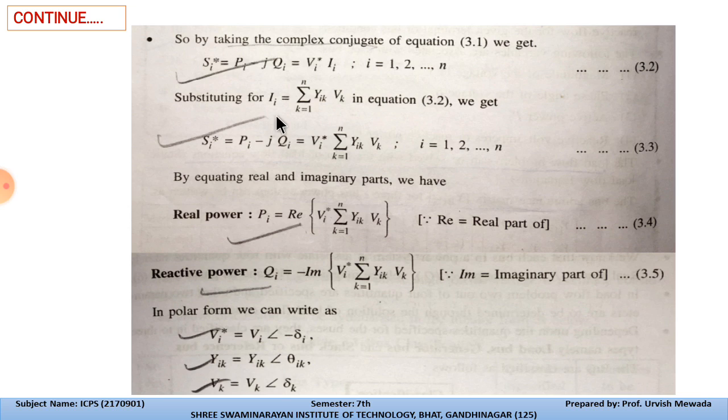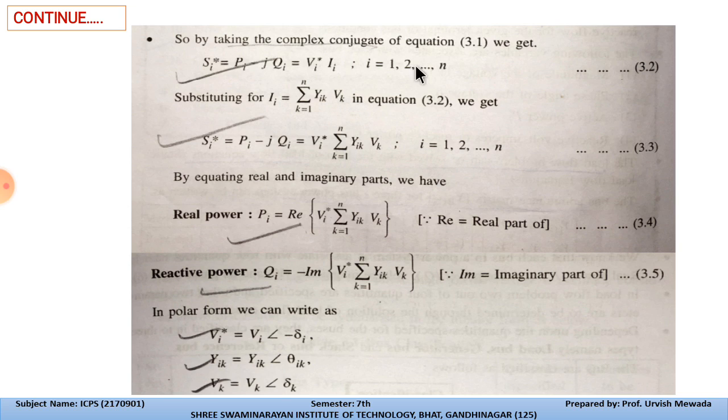Substituting Ii from the earlier equation into equation 3.2, Si conjugate is equal to Pi minus jQi, equal to Vi conjugate into the sum over k equal to 1 to n of Yik Vk, where i is equal to 1 to n.